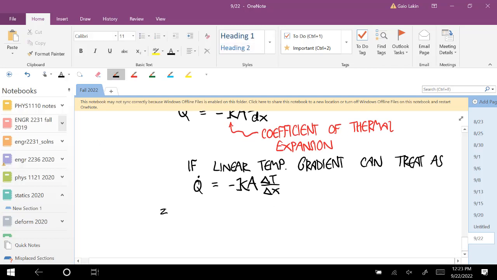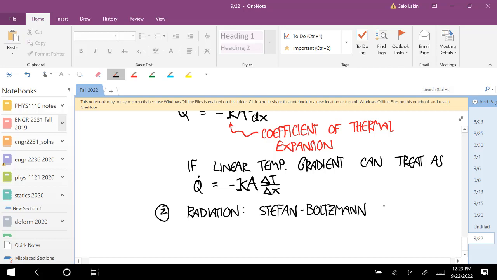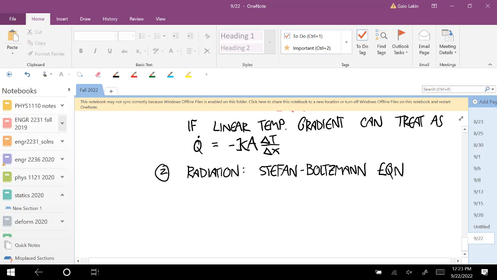Second is radiation. And that's the Stefan-Boltzmann equation. And there are actually two forms of this that we use. The first is for just the radiation emitted from a body.